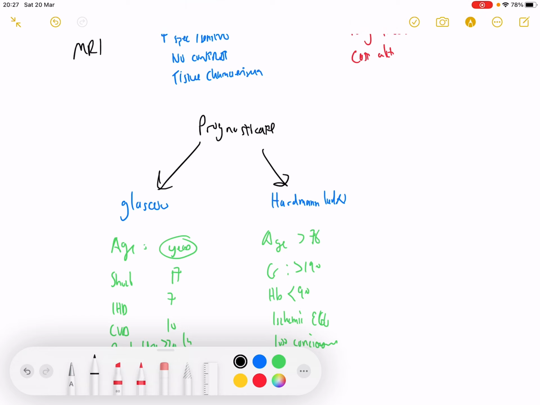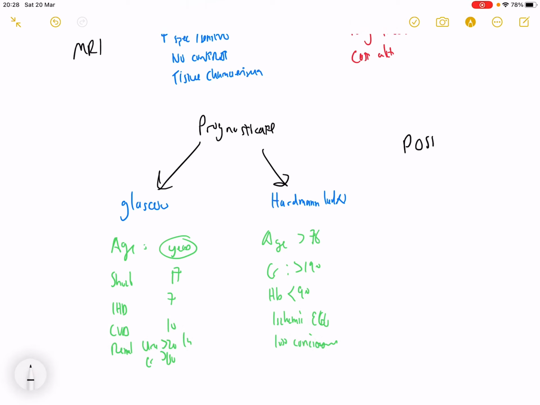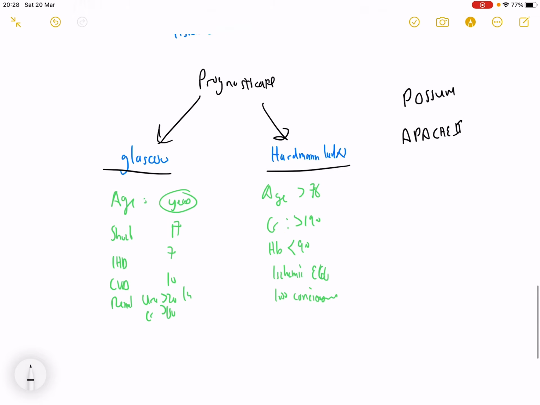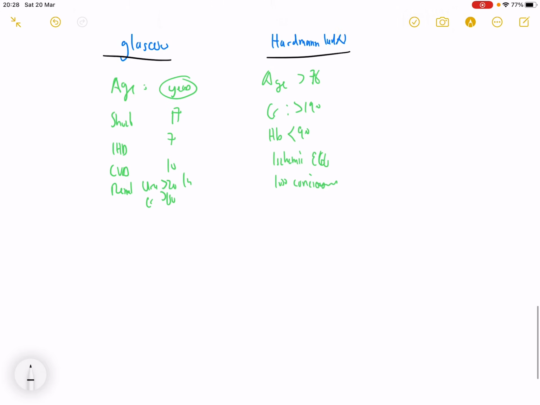For example, POSSUM score, and there is a vascular specific POSSUM score. You could think about APACHE 2. But there are, like I say, these two are the far more aneurysm specific tests.